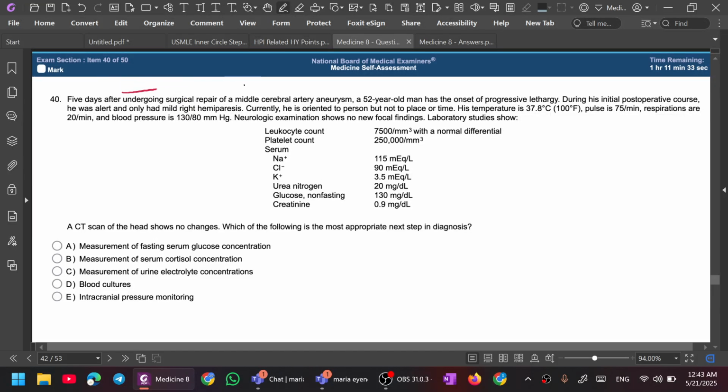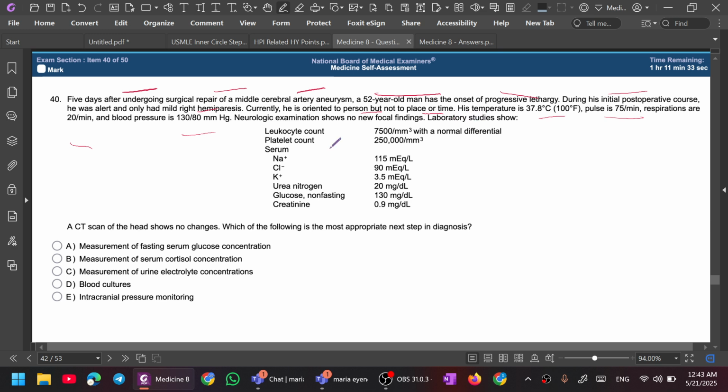5 days after undergoing surgical repair of a middle cerebral artery aneurysm, a 52-year-old man comes with progressive lethargy. During the initial post-operative course, he was alert with only mild right hemiparesis. Currently, he is oriented to person but not place or time. Temperature 100, pulse 75, respiration 20, BP 130/80.